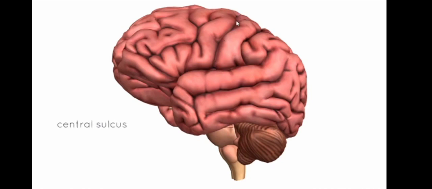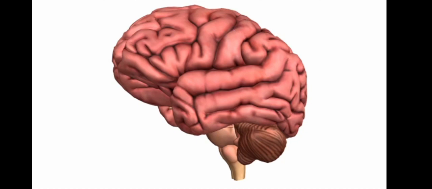So this is the central sulcus, which is very important, and here this is the lateral sulcus. So this is the central and the lateral sulcus. These 2 sulcus are used to separate the functionally important lobes of the cerebrum. So these divide the brain into 4 lobes.